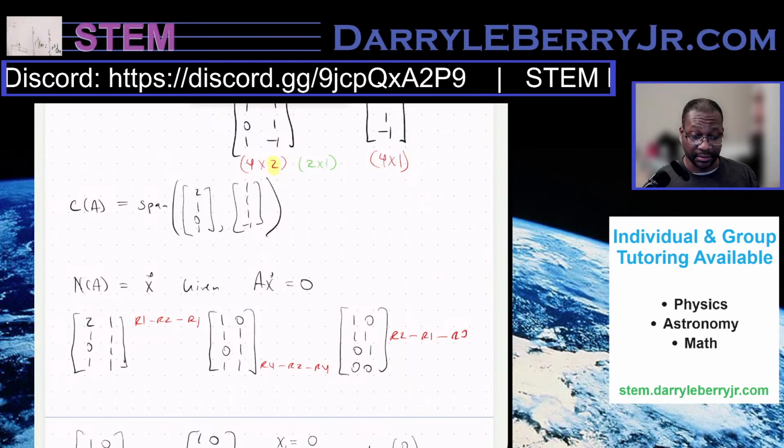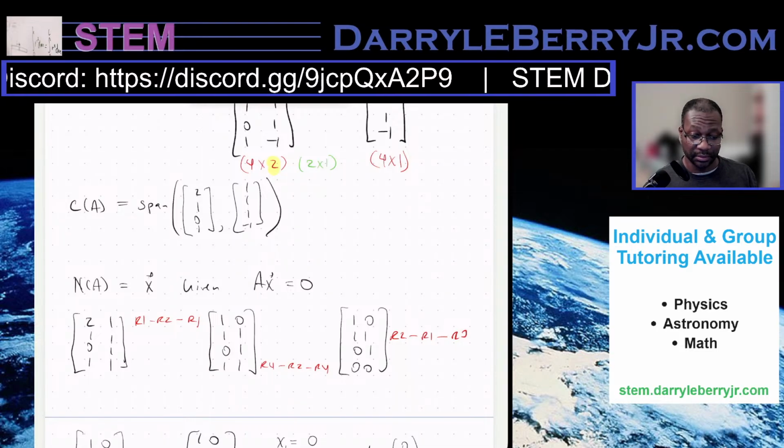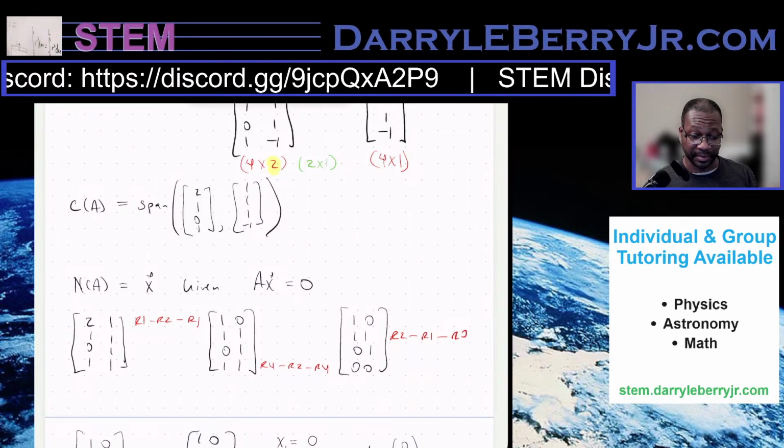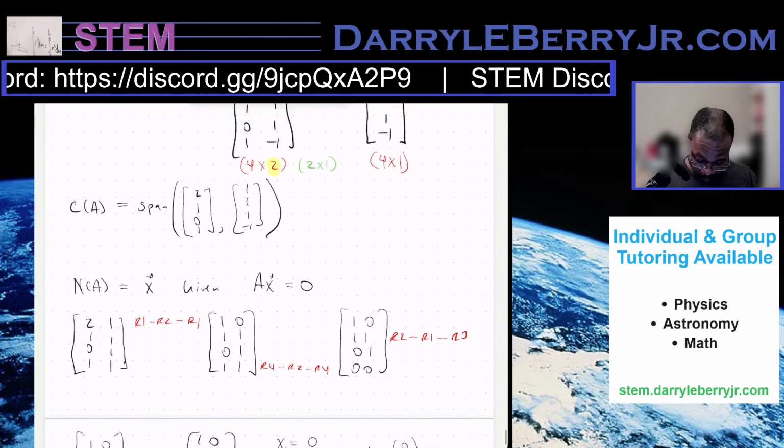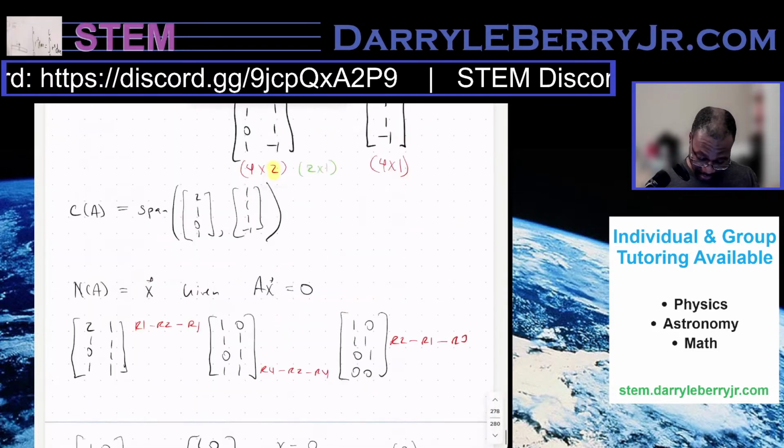The reader can check, as the reader can check, B is not in the column space of A. And that is true.